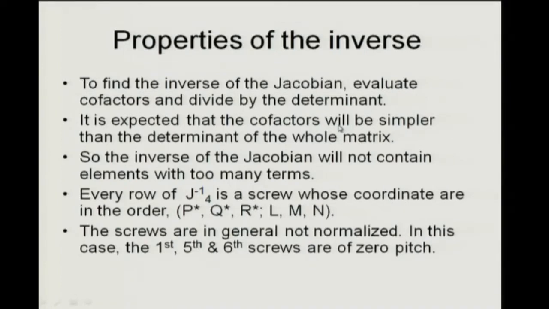You know what cofactors are, right? Evaluate cofactors and divide by the determinant, the standard method. And we saw that the determinant itself was not very complicated. It is a fairly simple set of terms. So each cofactor is bound to be simpler than that, and it will not contain elements with too many terms. We are fairly clear about it.